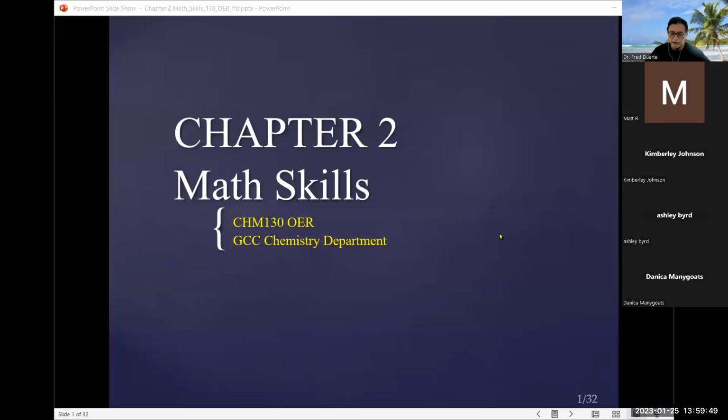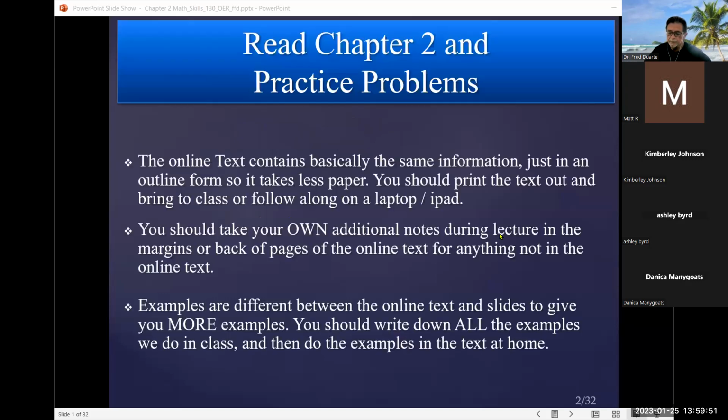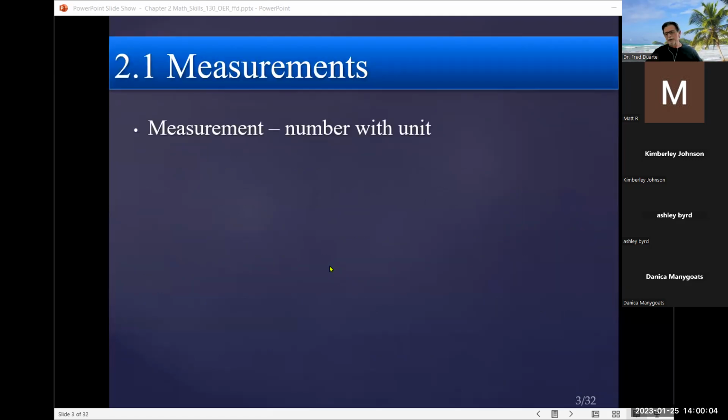All right, so let's talk about math skills. In your module, there are some worksheets about this. Work through the problems. They really will help you. Like any mathematics, the more you do, the better you get, and the more confident you get in doing the mathematics. Okay. Well, a measurement is a number with a unit.